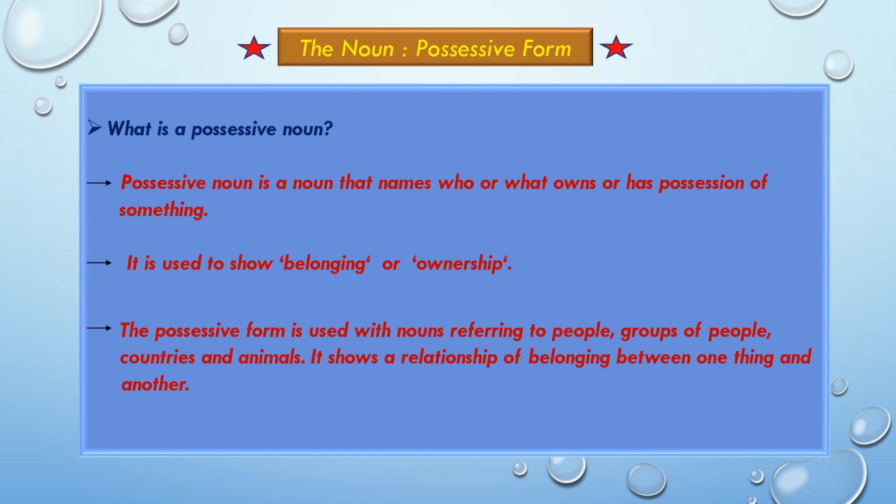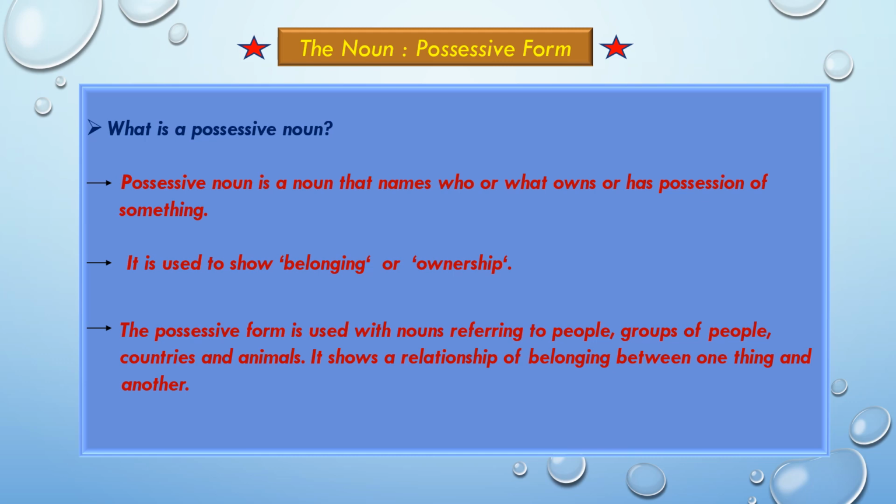Now, children, the very first question which arises in our minds is, what is a possessive noun? The word possessive itself speaks about some possession, isn't it? Possession means belongingness. So, a possessive noun is a noun that names who or what owns or has possession of something.